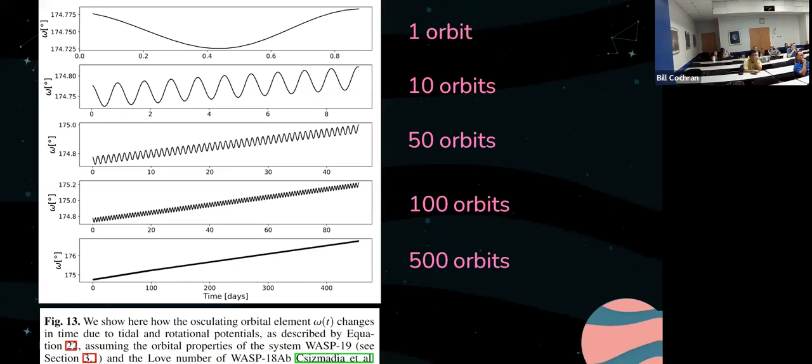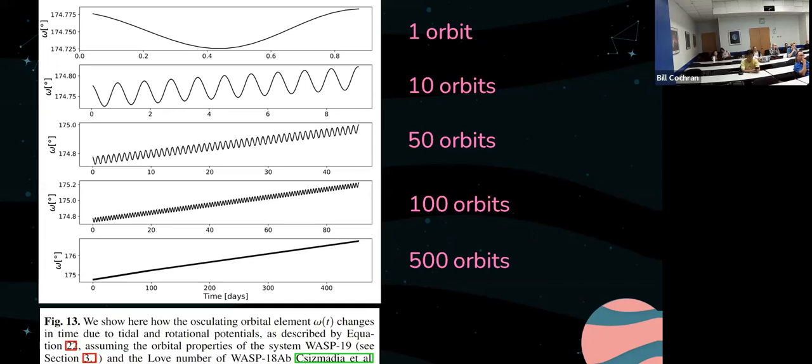So here, just to show you, from those equations I showed you before, how we integrated the periastron angle over time for our target. You see how the periastron angle changes over one orbit. It just oscillates, which was also really new to me, that over one orbit the periastron angle oscillates and goes back to the origin.